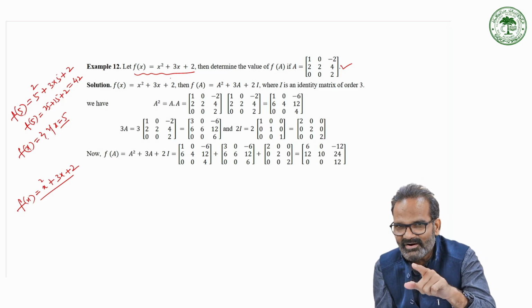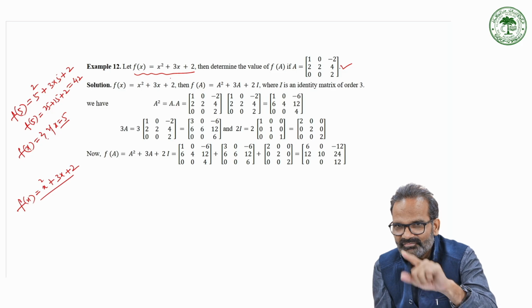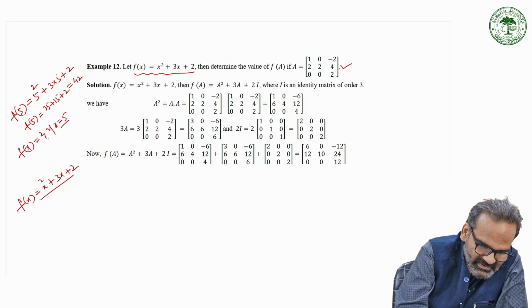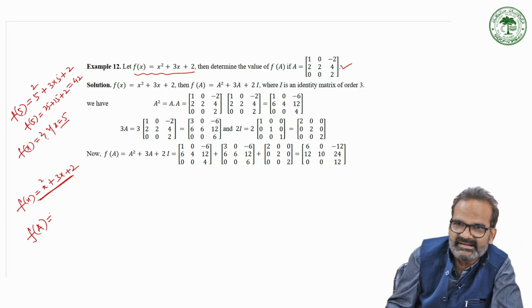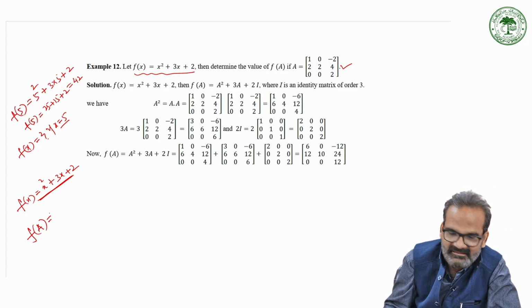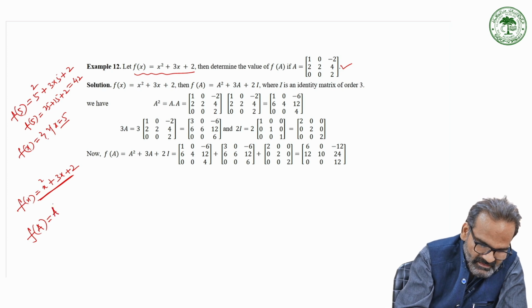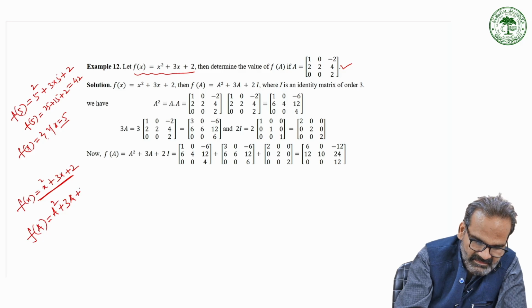Then determine the value of f(A) if A is this. So naturally, if f(x) is this, then what is the value of f(A)? Replace x by A in the given equation. f(A) will be what? A square plus 3A plus 2.